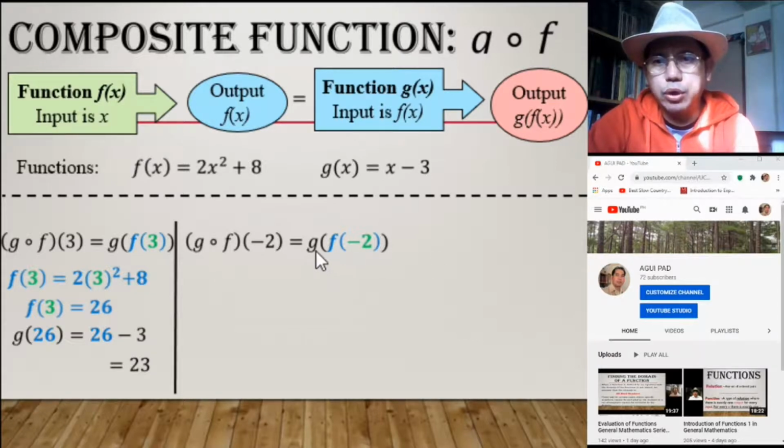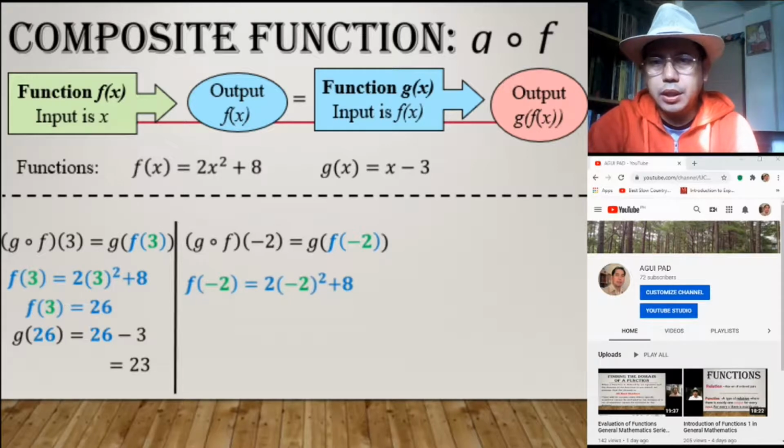Again, solve for the first input, or the first function, f of x. So consider the f of x, which is 2x raised to 2 plus 8. Now replace the x with negative 2. So we have in here f of negative 2 will give you 2 multiplied by negative 2 raised to the second power plus 8.